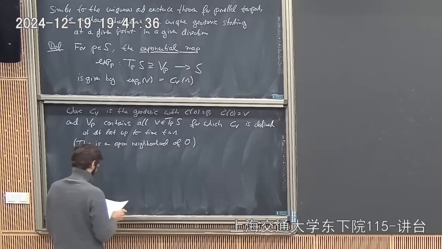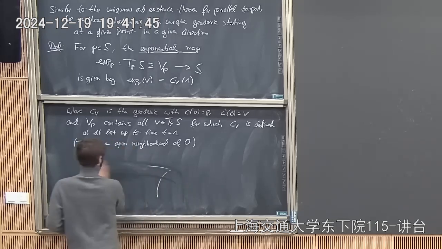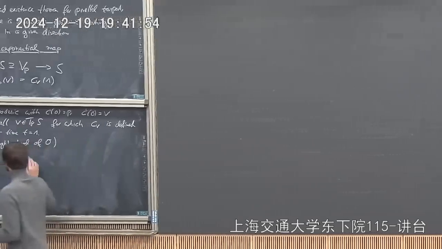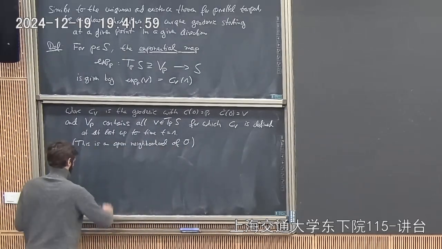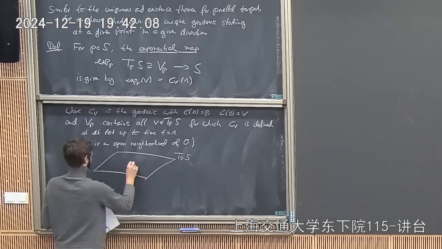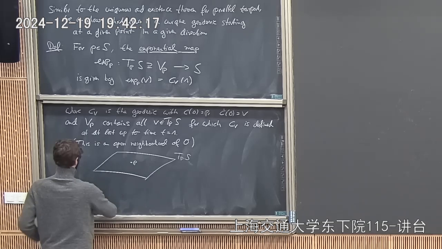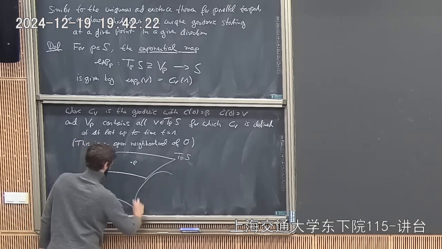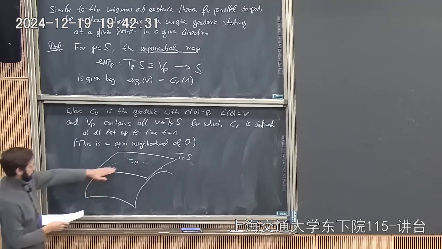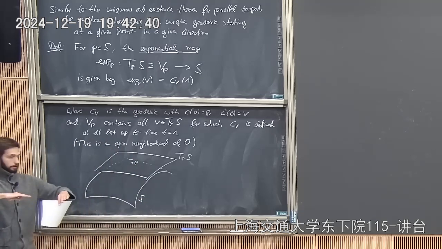So the picture is the following. So we have our tangent plane, T_P of S. So somewhere here is our surface and our point P. We have a surface, and at some point of the surface we choose a point P, and then we take the tangent plane at that point.